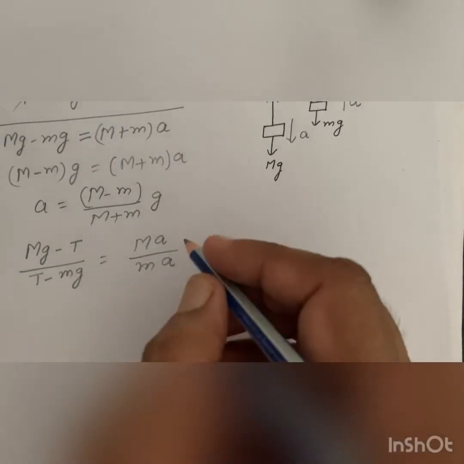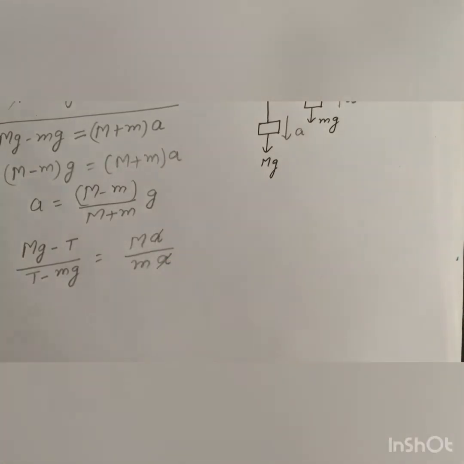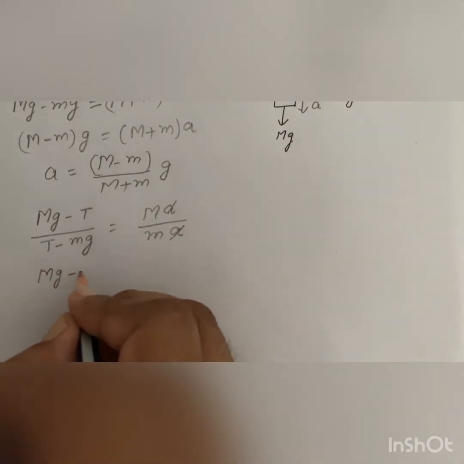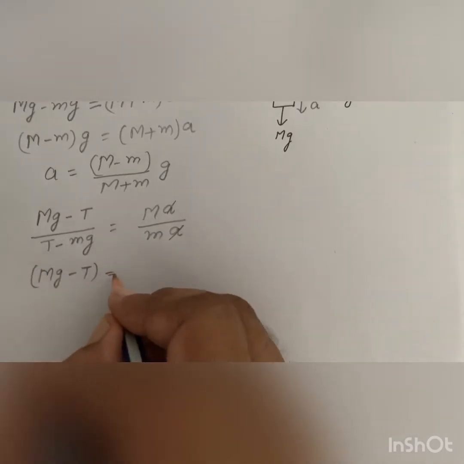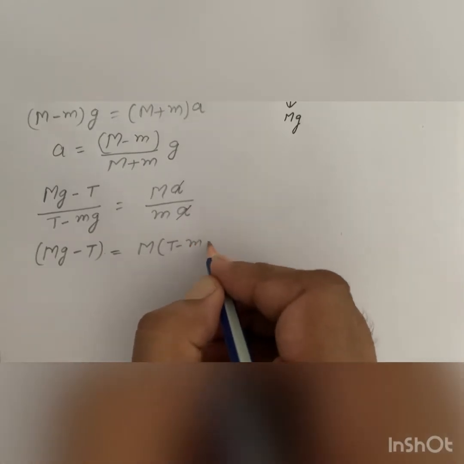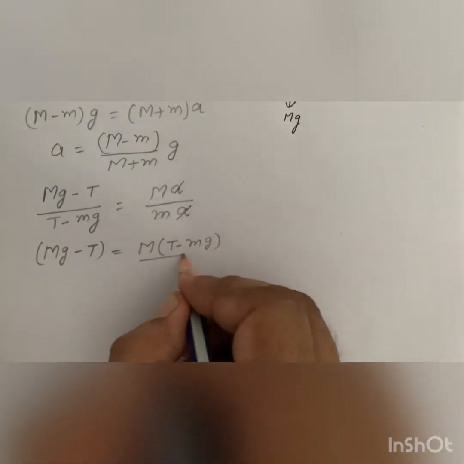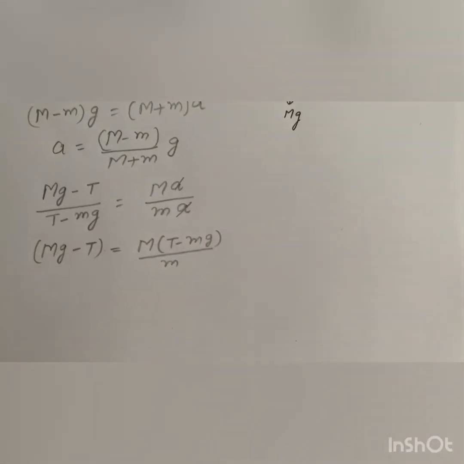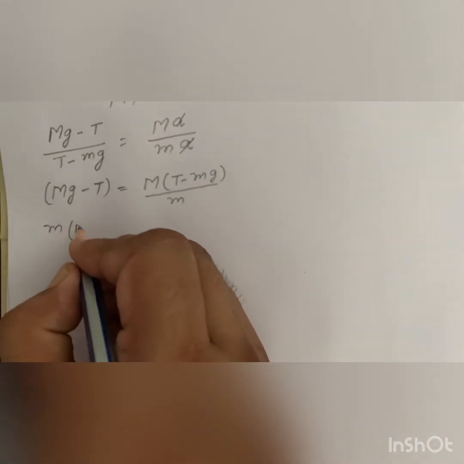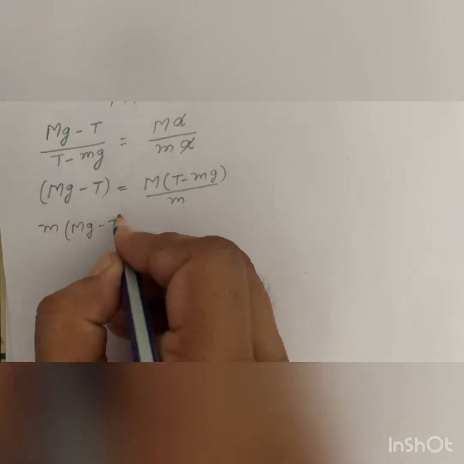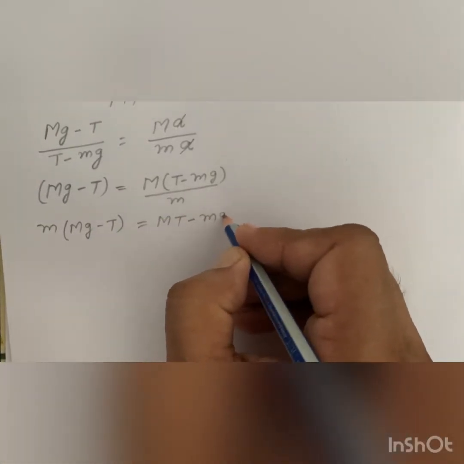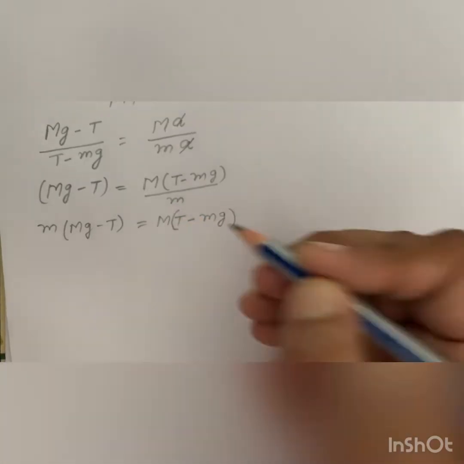So here a cancels, and we get Mg minus T over T minus mg equal to M over m. We take this m to the other side: m(Mg minus T) equal to M(T minus mg).